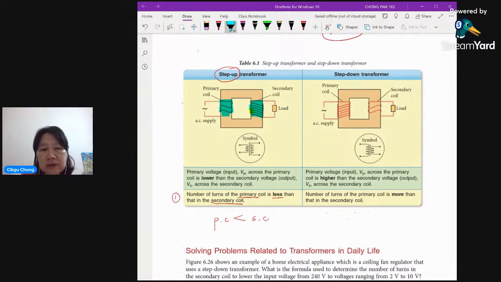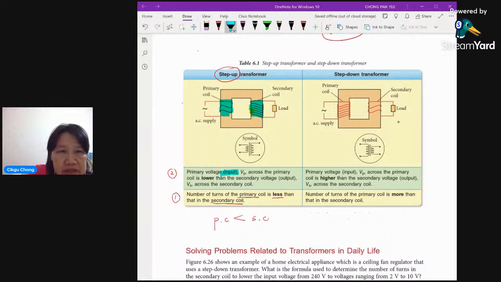Another way you can talk about it is to look at the AC voltage. Here they don't give you the number, but if you look at the voltage, this is the second way to compare your step-up and step-down. If the input voltage is less than the output voltage, input is this side.